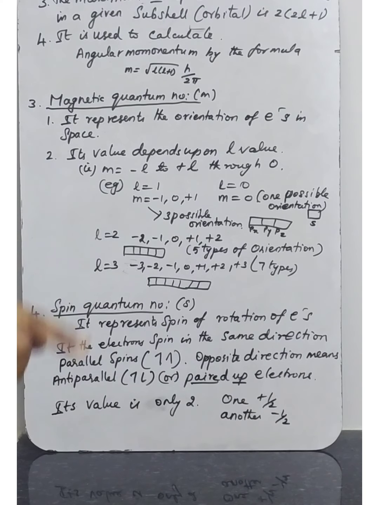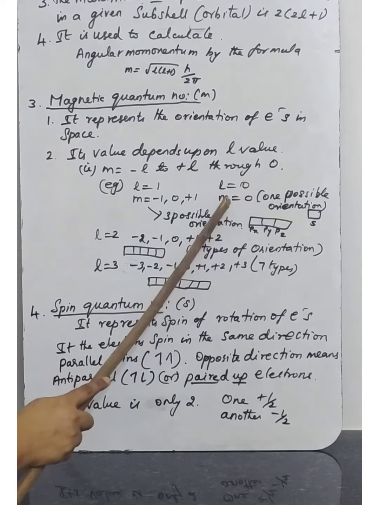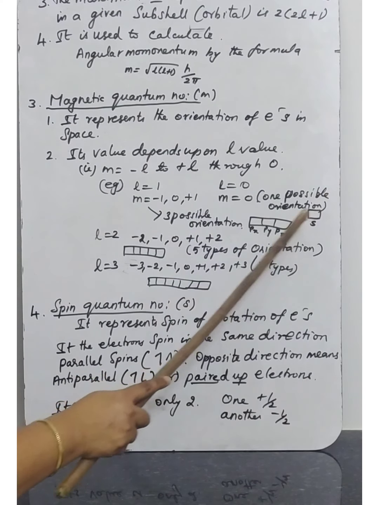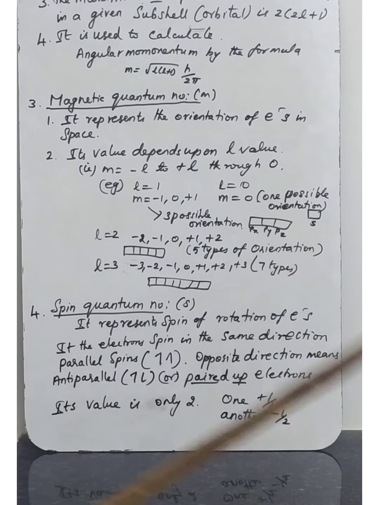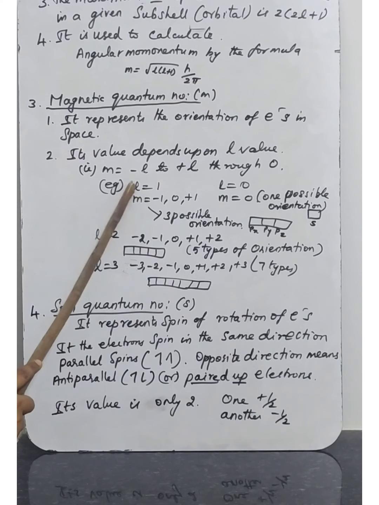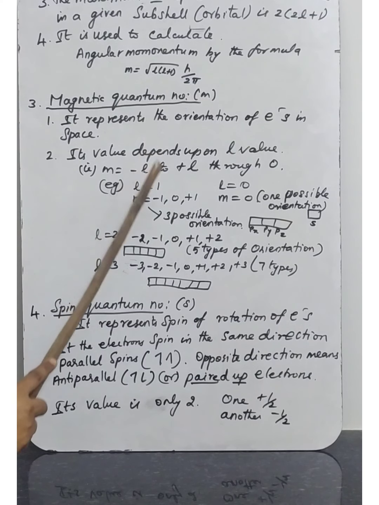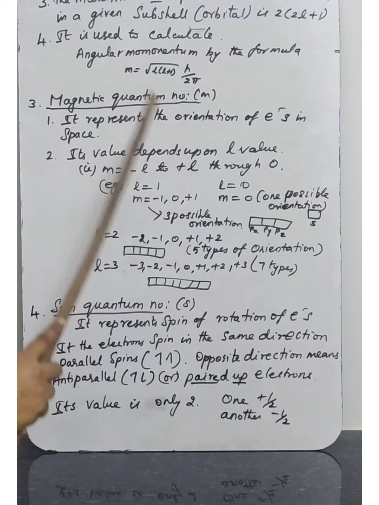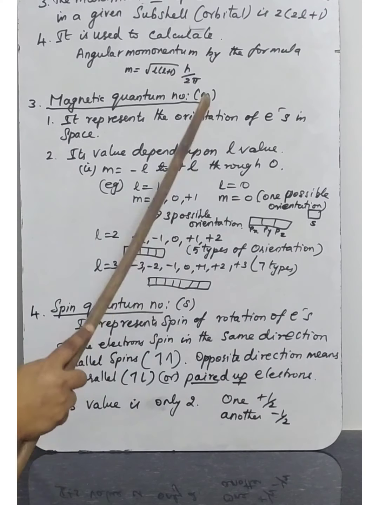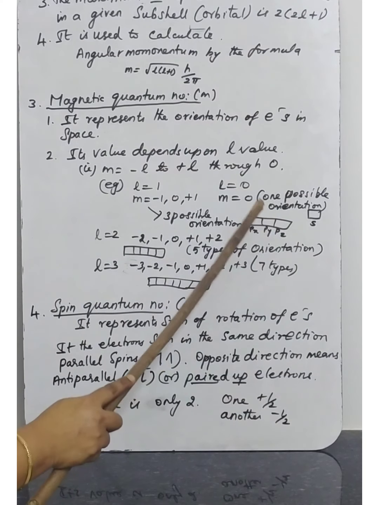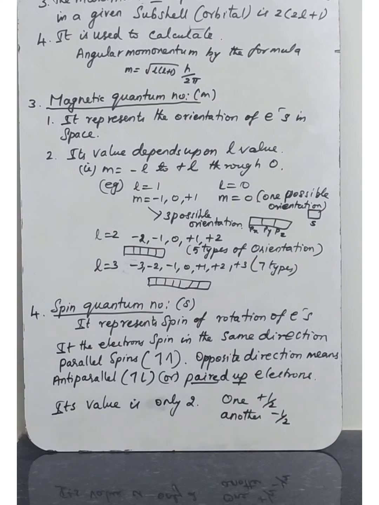That box represents an orbital. Keep it in your mind like a clue. Box represents what? Orbital. So if l is 0, m is 0, only one type of orientation. Next, if l equal to 1, m is -1, 0, +1, so 3 possible orientations, 3 boxes, px, py, pz.